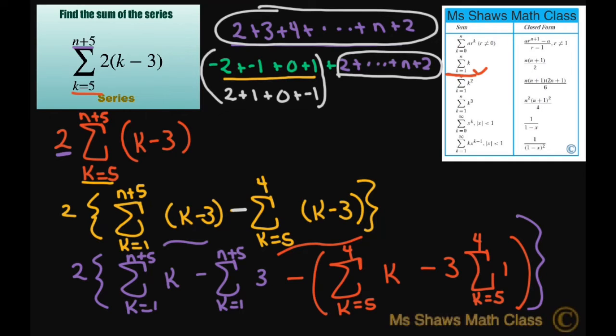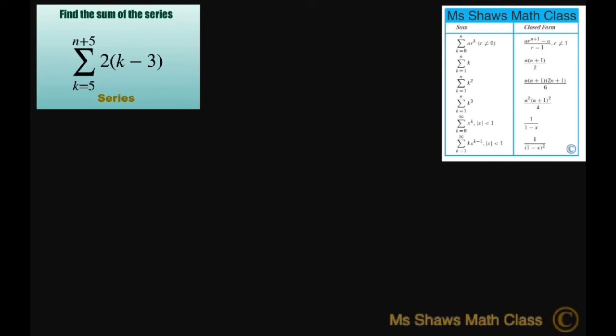So let's fill it in. So for k, what we're going to fill in is n times n plus 1 over 2. So let's do that. We're going to have 2 times, and what we had was the sum of k equals 1 to n plus 5. So basically, this was k minus 3, and I split it up. So let's do the k part first.